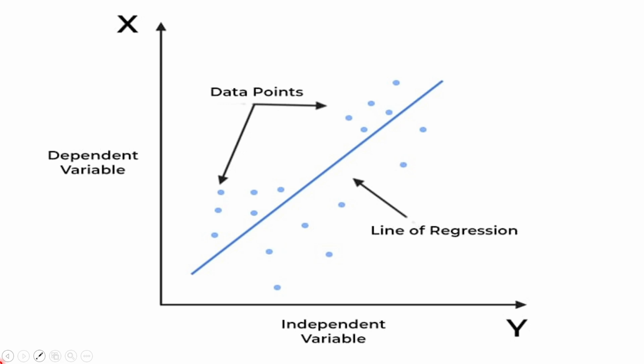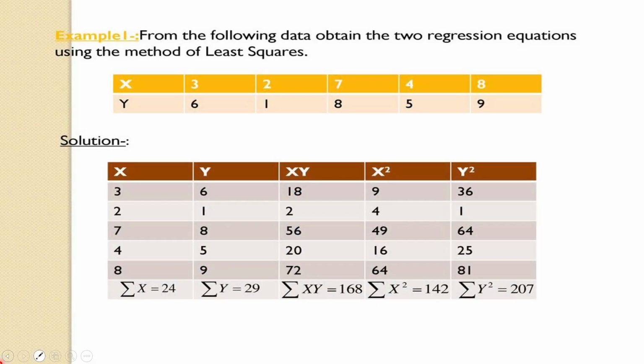Next, we have to change the line of regression until more data points are covered. Taking the x and y values given here, we have to obtain xy, x square, y square, and sigma x, sigma y, sigma xy, sigma x square, sigma y square.